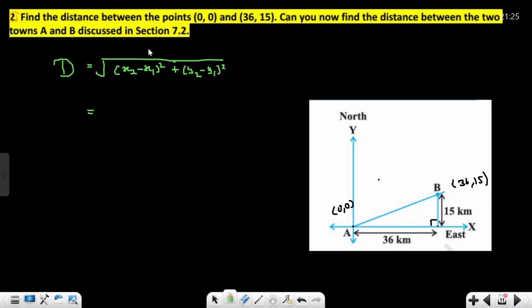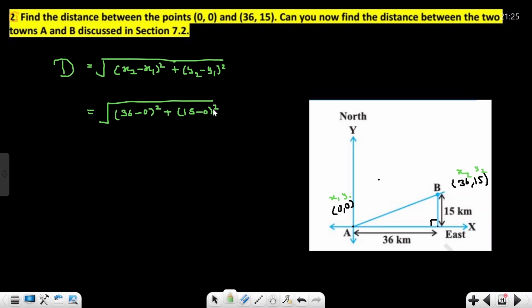We just put in the values. The coordinate of A is 0, 0, so give x and y names. Here also x and y, give them 1, 1 and 2, 2. So put in the values. X2 value is 36. 36 minus 0 square plus 15 minus 0 square.